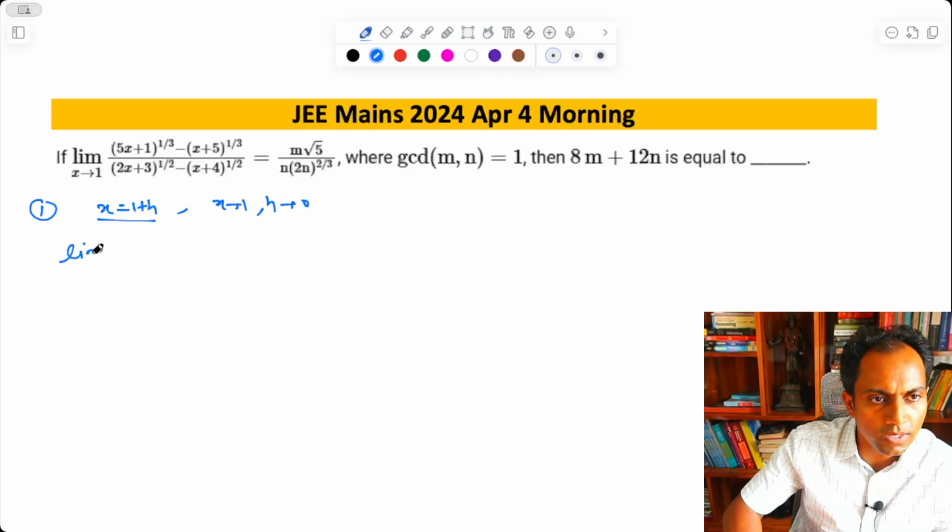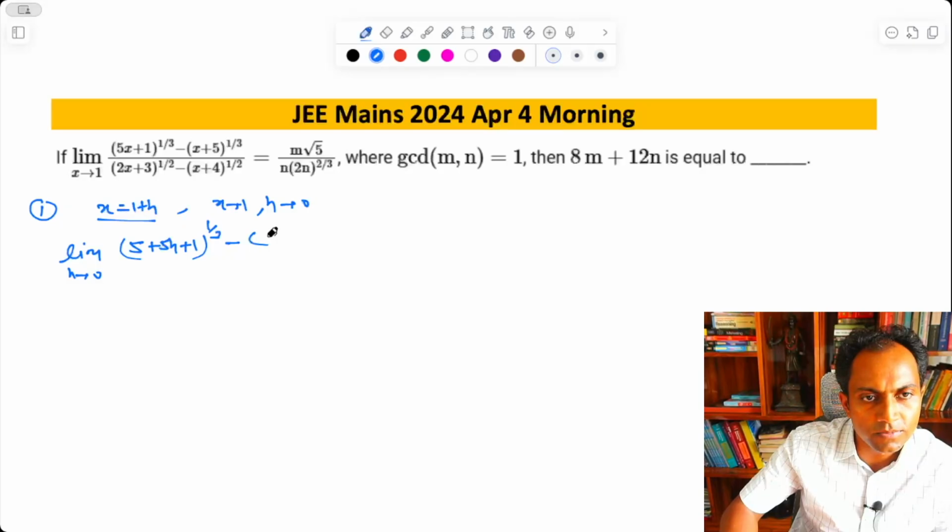So this question becomes limit h tends to 0, 5 plus 5h plus 1 raised to the power 1 by 3, the next part becomes 1 plus h plus 5 raised to the power 1 by 3, and the next part in the denominator becomes 2 plus 2h plus 3 raised to the power 1 by 2 minus 1 plus h plus 4 raised to the power 1 by 2.